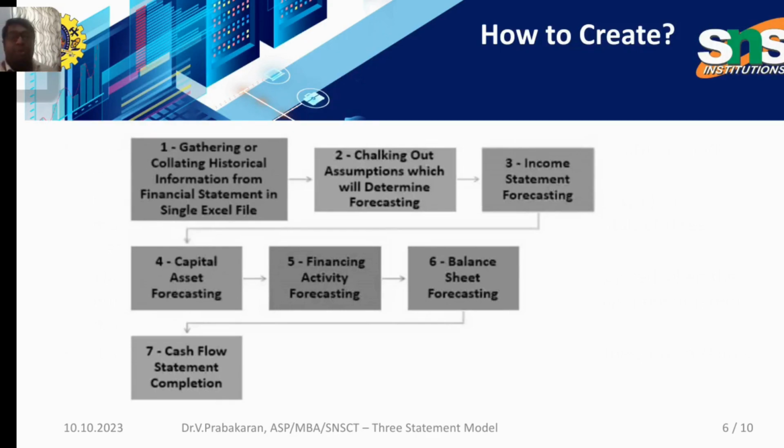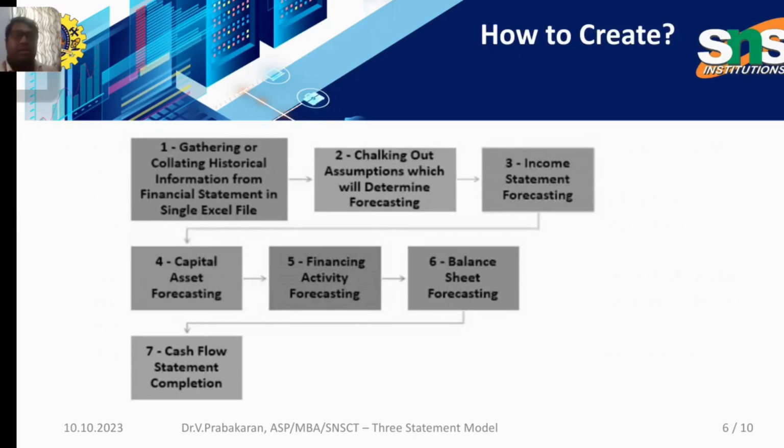You can project the assets and liabilities in the future, which finally leads to your cash flows. Of course, any company is looking for cash flows for basic day-to-day operations, and you can project it with this 3-statement model. Once you are done with the 3-statement model, you can go to the next level of discounted cash flows and mergers and acquisitions, whatnot. You can do wonders by using this 3-statement model.